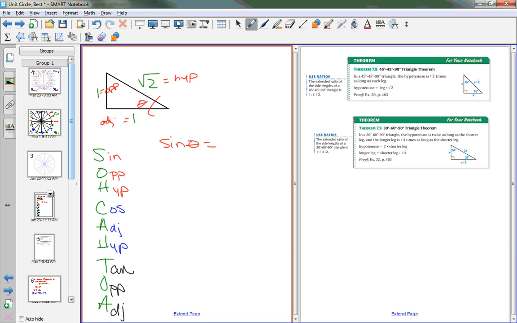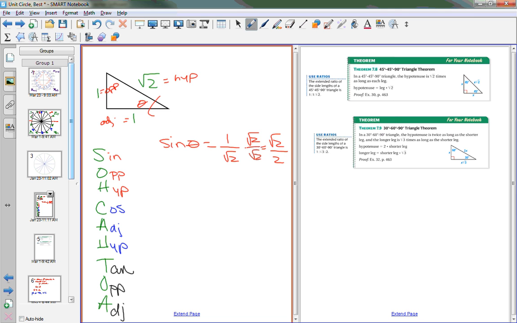So what's going to be your opposite leg over the hypotenuse? Now, can I ever have a radical in the denominator? No. So how do I rationalize this? I multiply by what I need to get rid of that, to give me the square root of 2 over 2. Why is that the square root of 2 over 2? Because the square root of 2 times the square root of 2 is the square root of 4. What's the square root of 4? 2. So the sine of theta is going to be the square root of 2 over 2.